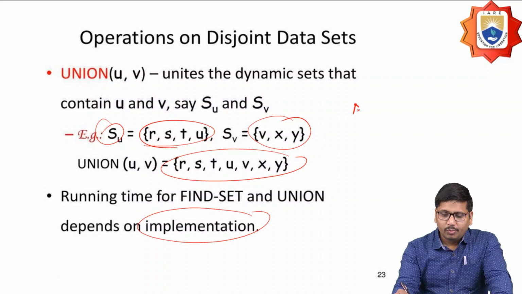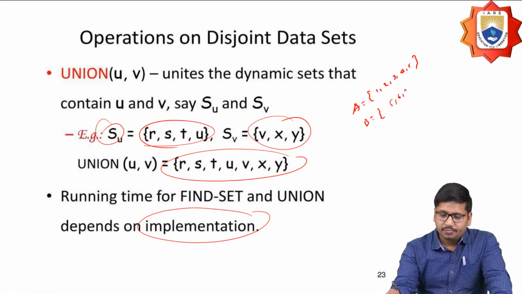Suppose I have set A and set B. If I apply the union operation, I get 1, 2, 3, 4, 5, 6, 7, 8.